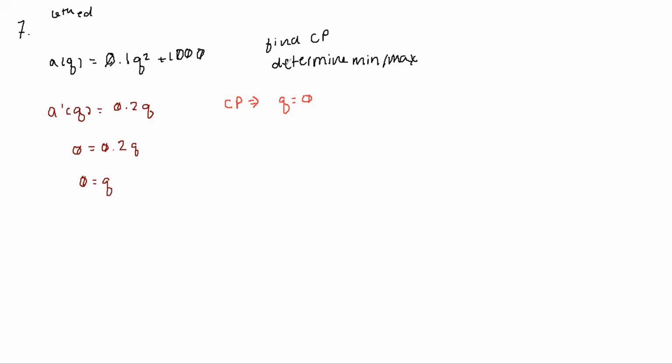Is it a local minimum or a local maximum or neither? I would just take points on either side of 0, which would easily be -1 and 1, and plug them in and see what the sign is. So here we have our 0, -1, and 1.